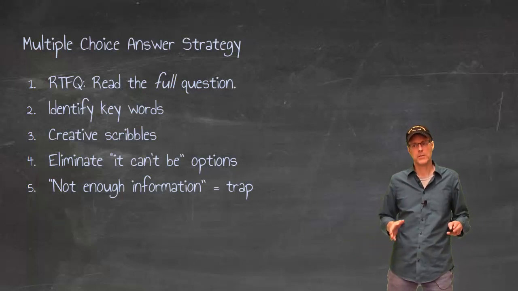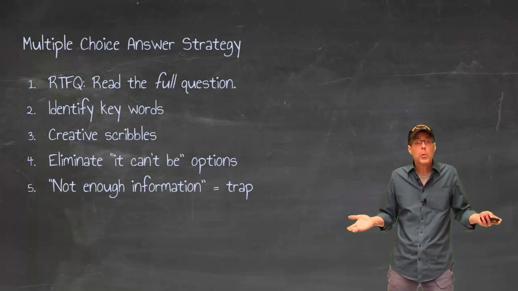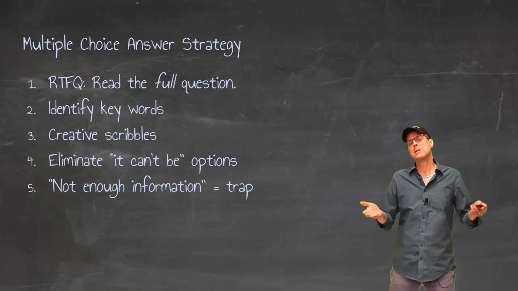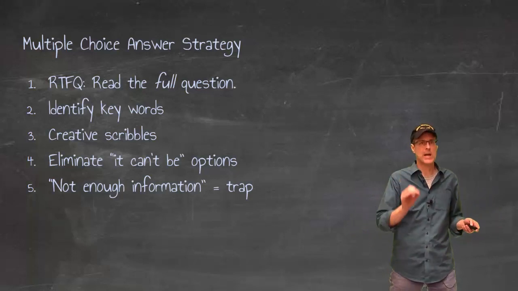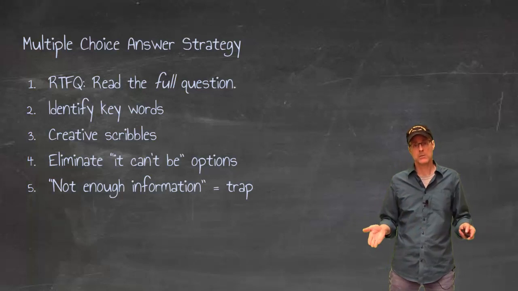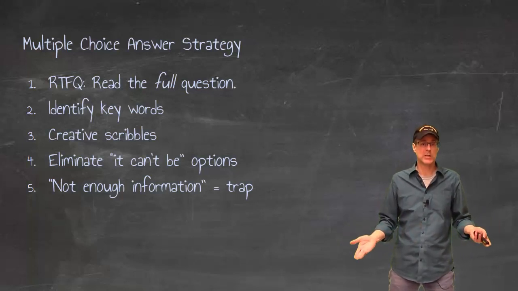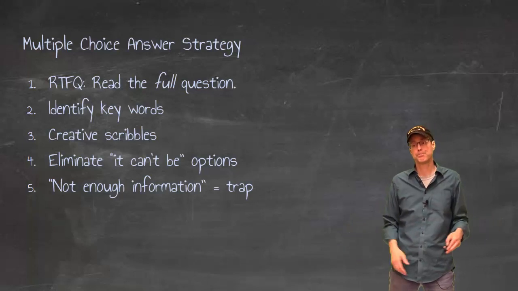But understand this, I'm really not likely going to ask you a question that you cannot answer. What would be the point? So if you see "not enough information," that is never, or at least almost never, the answer you're looking for. I'm going to ask you a question that you can answer, because I want to know what you know.